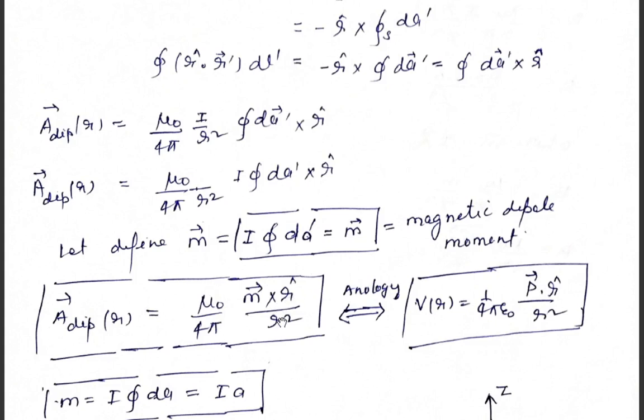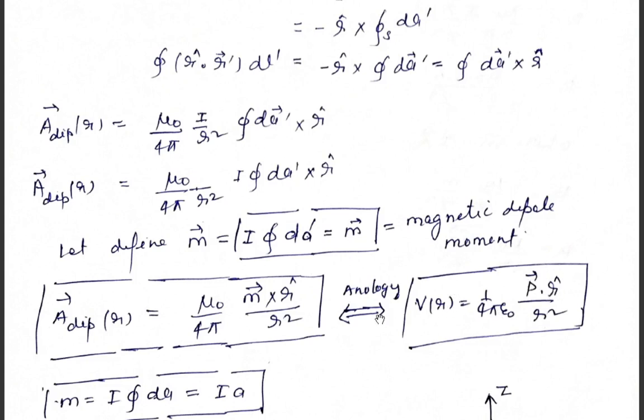Now if you go back to electrostatics, whereas what we are doing here is magnetostatics, and look at the scalar potential due to a dipole, what we observed was that the potential due to a dipole at some position r was equal to 1 over 4 pi epsilon 0, p vector dot product with r unit vector, divided by r square.